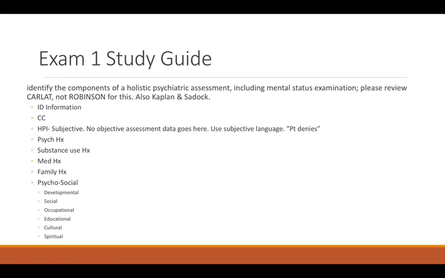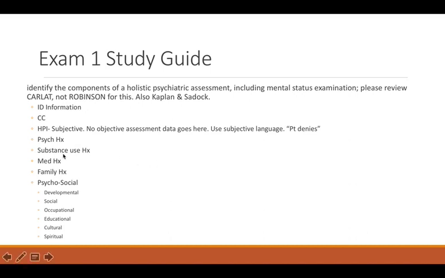You could always use "patient denies" to make that subjective. But it is going to be primarily their report or the report of others that gives you some indication as to how to proceed with the assessment, and then making a diagnosis based on the subjective and the objective portions.